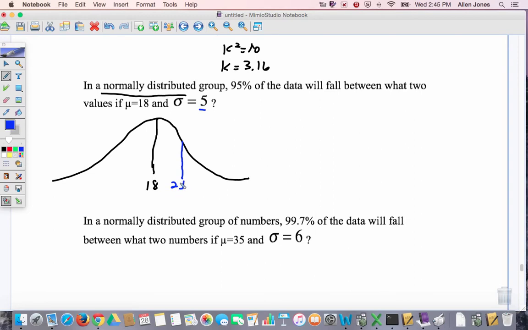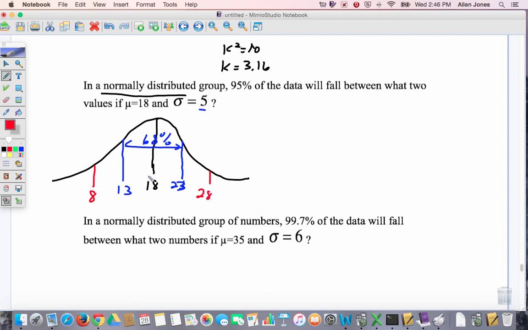If I go one standard deviation away, so I go 18 plus 5, or to 23, or I go 18 minus 5, down one standard deviation to 13, 68% are going to fall between those two numbers. There's the first percentage we need to know. 13 and 23, 68%. One standard deviation away. We've gone up 5 and down 5.